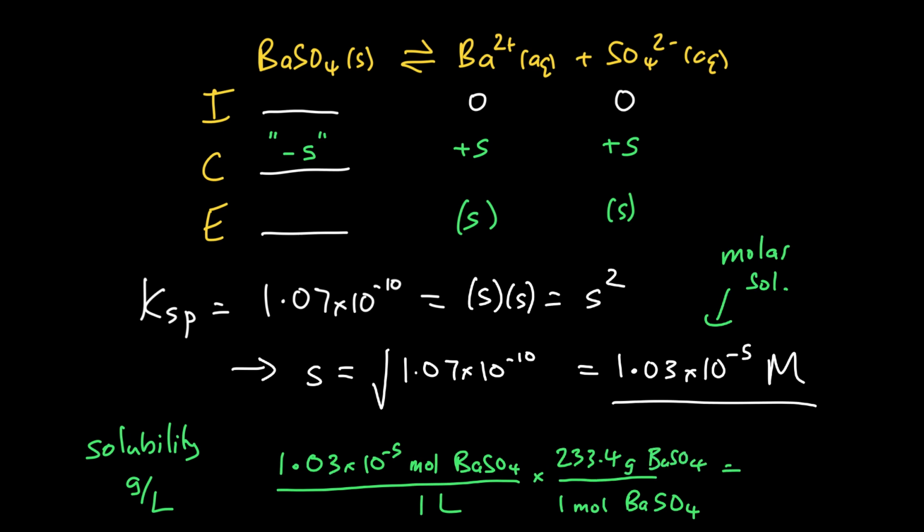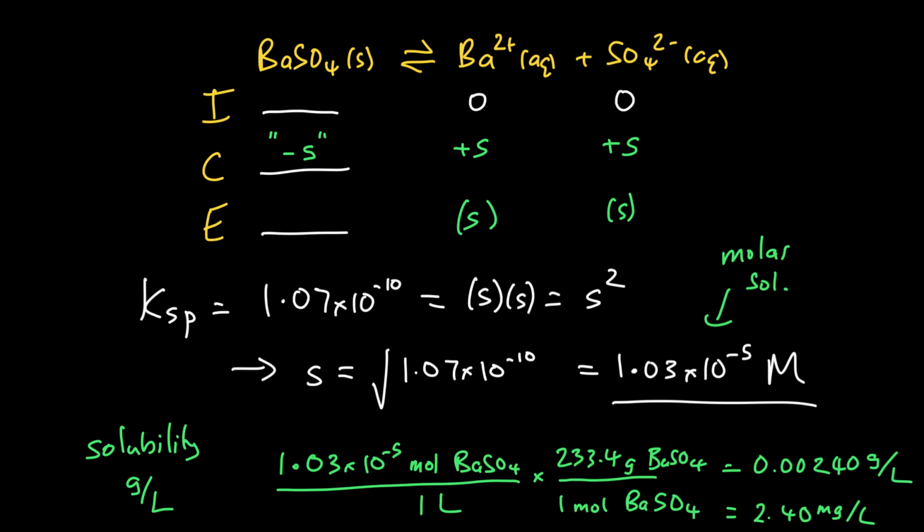Now if we multiply those together, we get still a relatively small number, 0.002, I guess I need some more significant figures, 0.00240 grams per liter. If you like, that is 2.40 milligrams per liter. Most of our General Chemistry 1 books will say something is insoluble if less than a gram can dissolve in a liter.